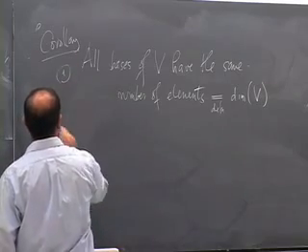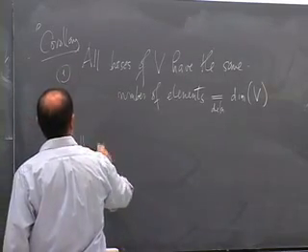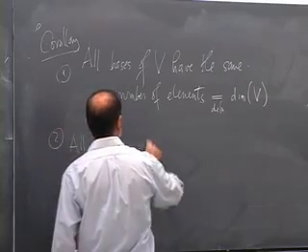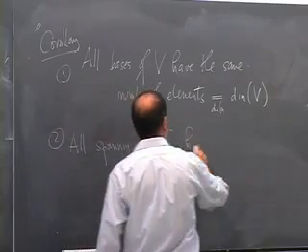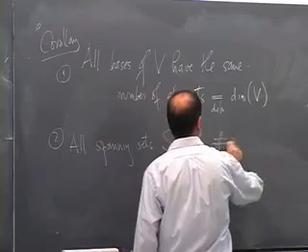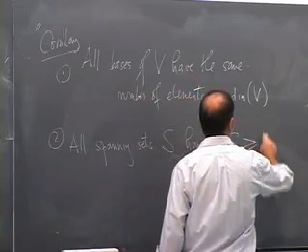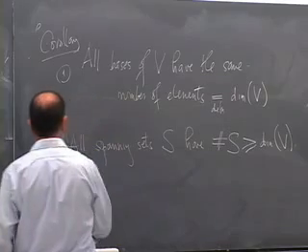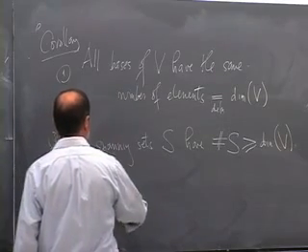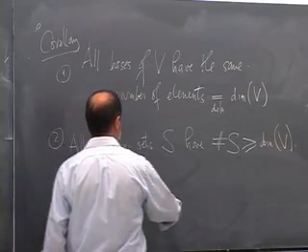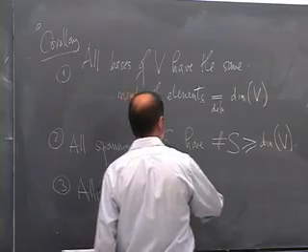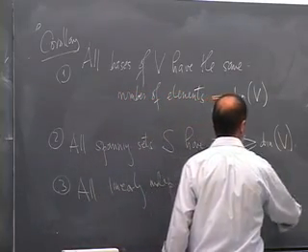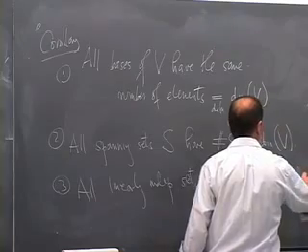The second statement is all spanning sets have the number of elements in S at least the dimension of V. All linearly independent sets have the number of elements in the linearly independent set less than or equal to the dimension of V.